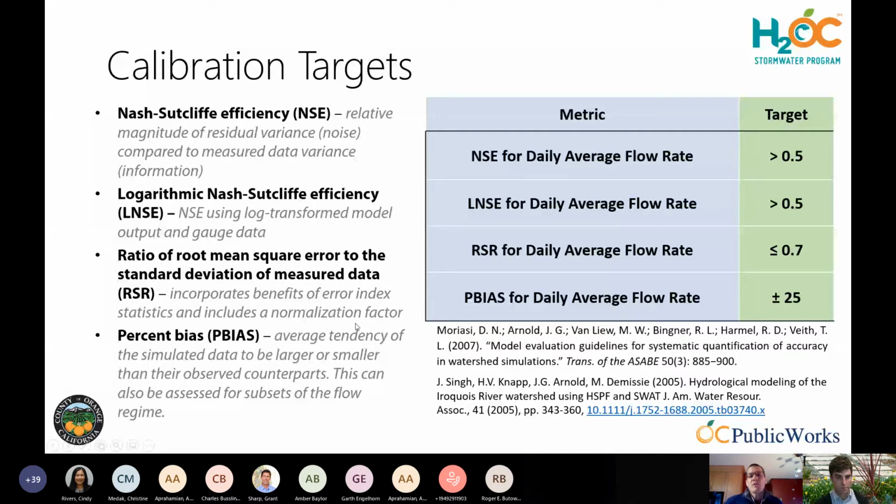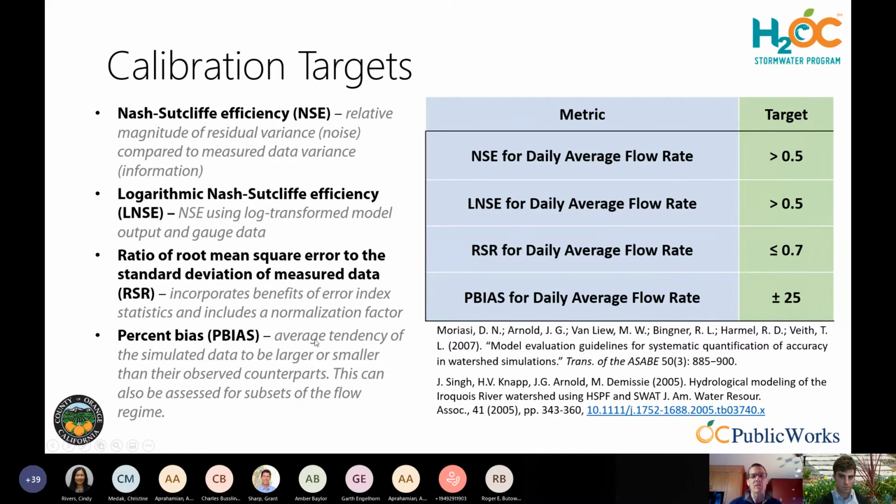Then there's the root mean squared error, but in addition to the root mean squared error that was discussed earlier in one of the comments, there's the root mean squared error relative to the standard deviation of the measured data, because it's one thing to have error, but if the error is there but small relative to the variation that is systematic and meaningful in the data, then that's okay.